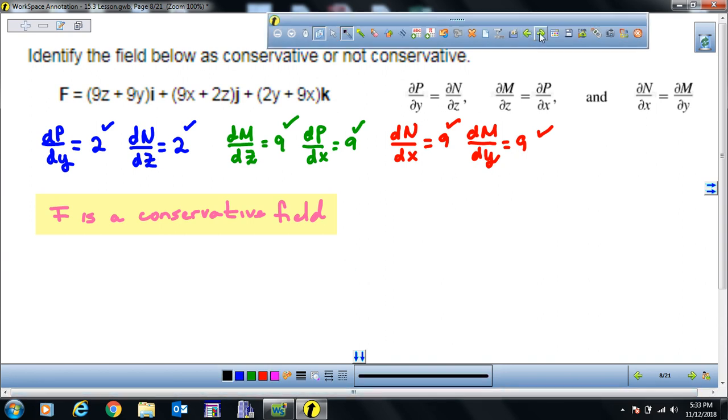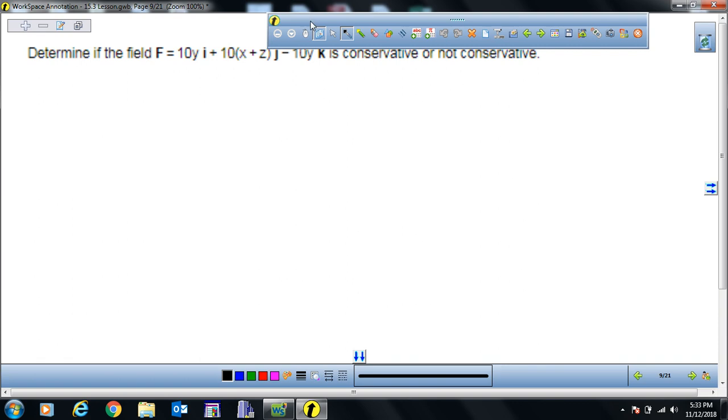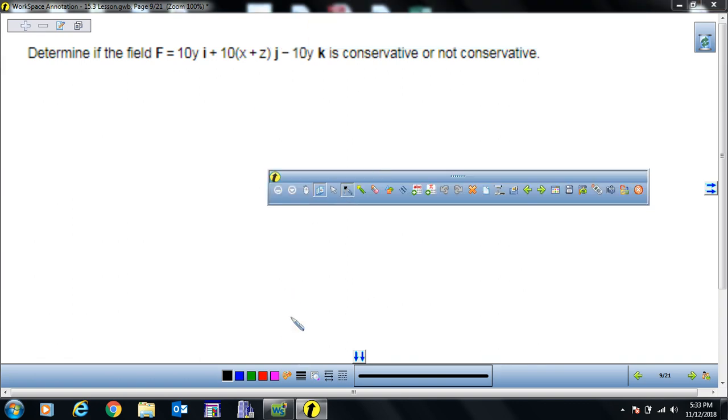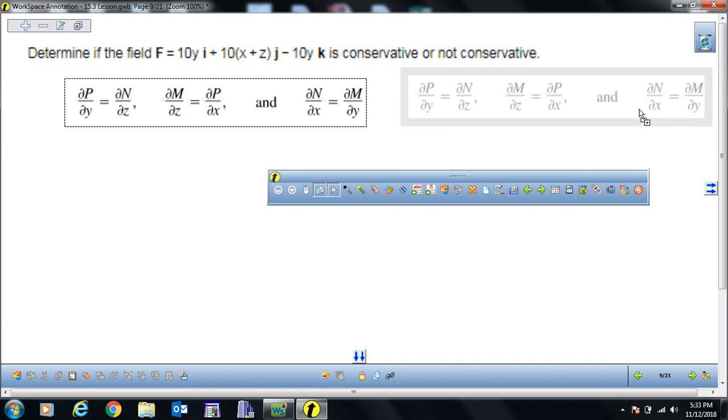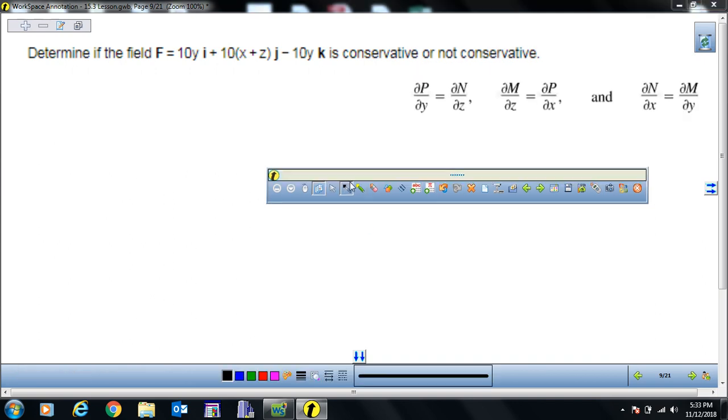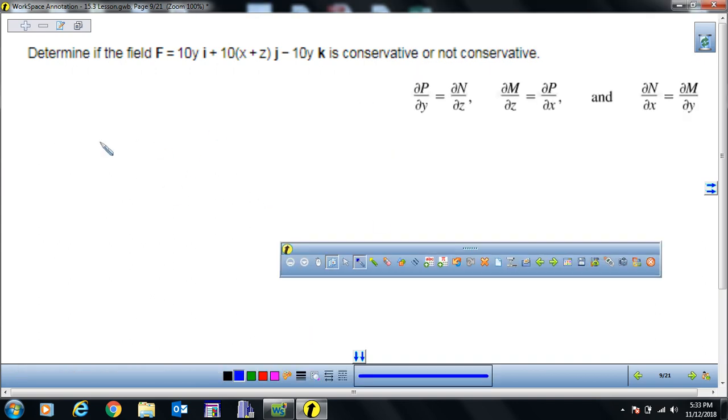All right, next question. Determine if this field is conservative or non-conservative. Okay, so we're going to do the same thing to determine if it is or if it's not. These are the tests again, so we can keep them in mind. We're going to get the derivative of P, which is the k component, with respect to y.